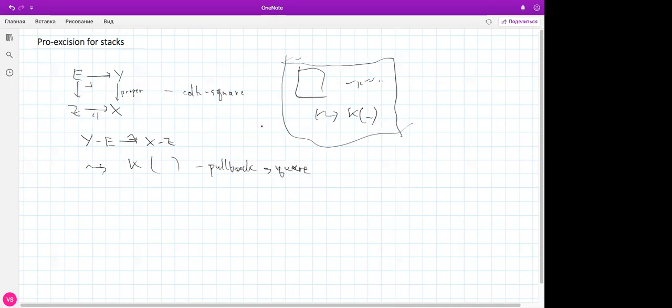Well, this actually isn't going to happen, because even for schemes there are counterexamples. What you should do instead is consider Z_n to be the nth infinitesimal thickening of Z. Then you want to consider this kind of square.